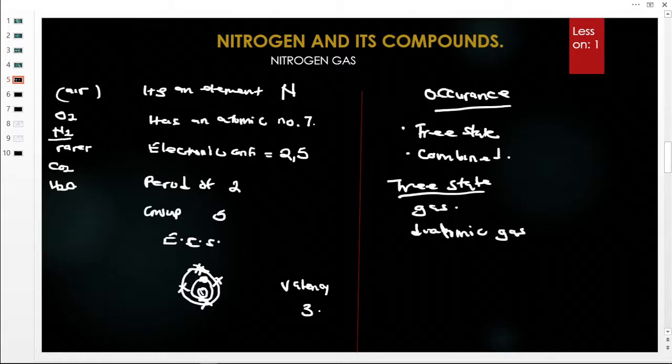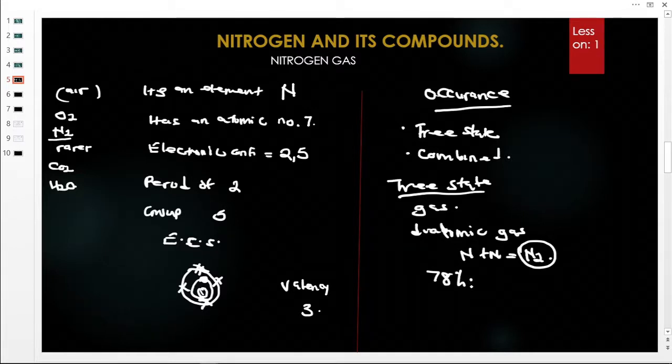Diatomic means it has 2 atoms. So a nitrogen atom plus a nitrogen atom gives 2 nitrogen atoms. Therefore, this is the formula for nitrogen gas, N2. It is found in air, where it occupies 78%, meaning that it is the largest part of the air in the atmosphere.